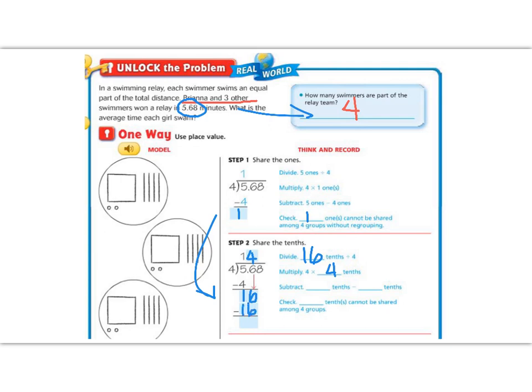And then we subtract. 16 minus 16 is 0. So 16 tenths minus 16 tenths is 0. And that cannot be shared into an equal number, so we need to continue on to step 3. My step 3 doesn't fit on this page, so make sure you have everything written down before the video continues.